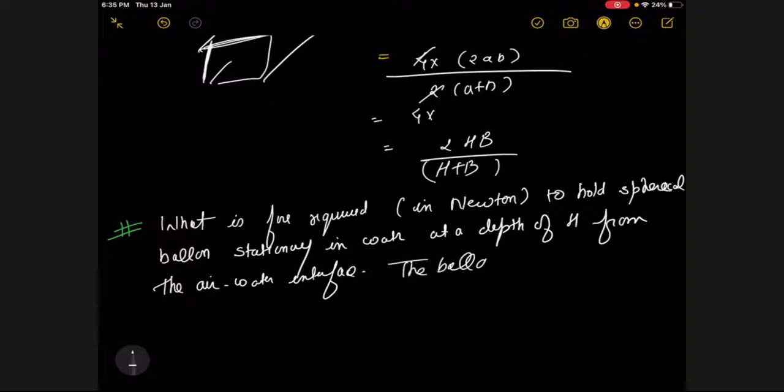The balloon is of radius 0.1 meter and is filled with air.